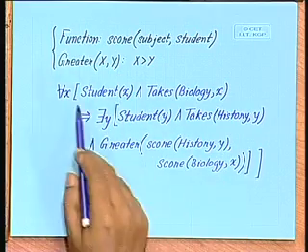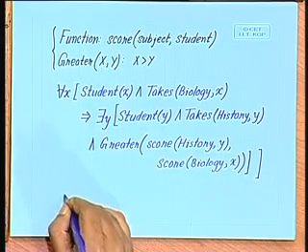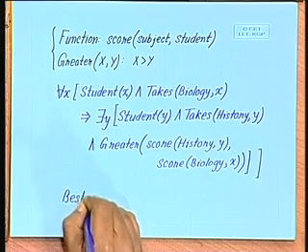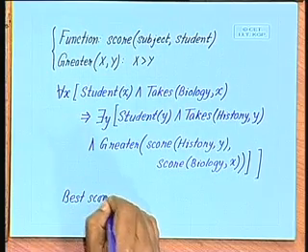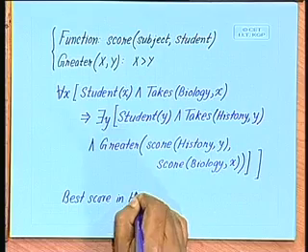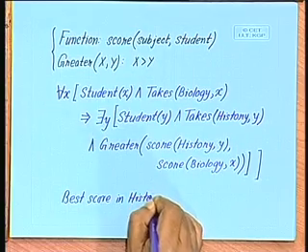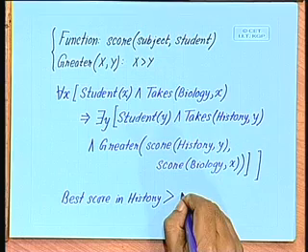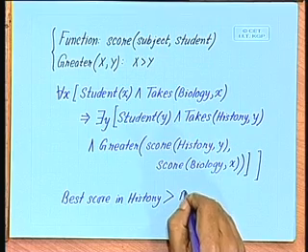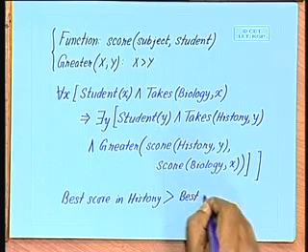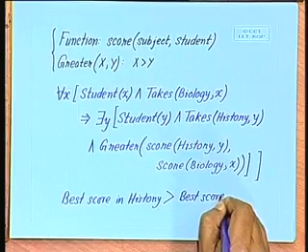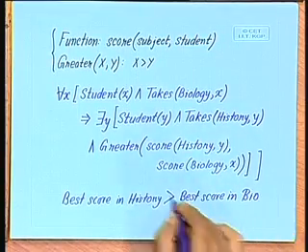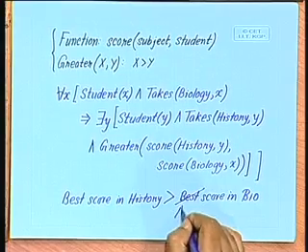So, this is to express that the best score in history is greater than the best score in biology. So, all scores in biology, best score in bio.